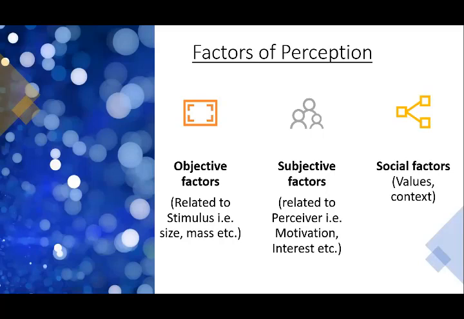These are very important in giving meaning to the external data. And then the next are the social factors, which obviously come indirectly under the heading of subjective factors, as the values and the context are linked with the subject, not the object. Hopefully it's clear. So let's study them one by one.